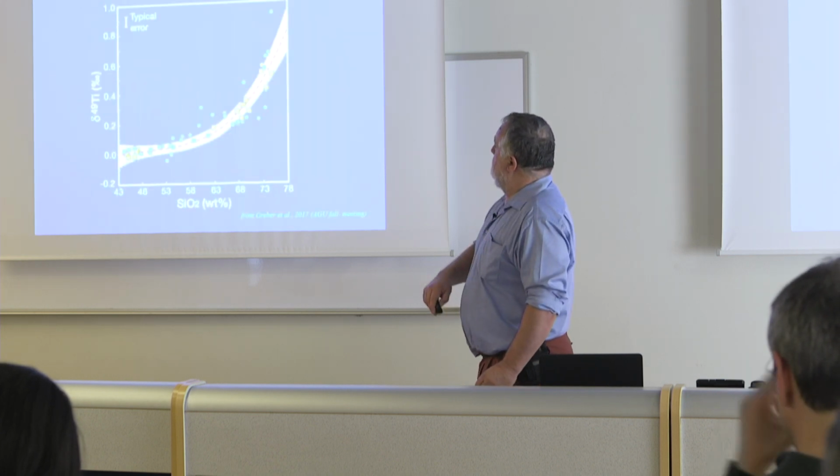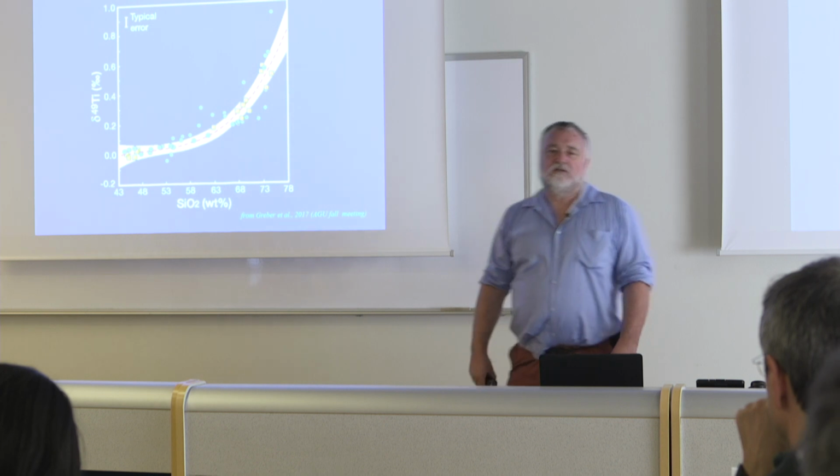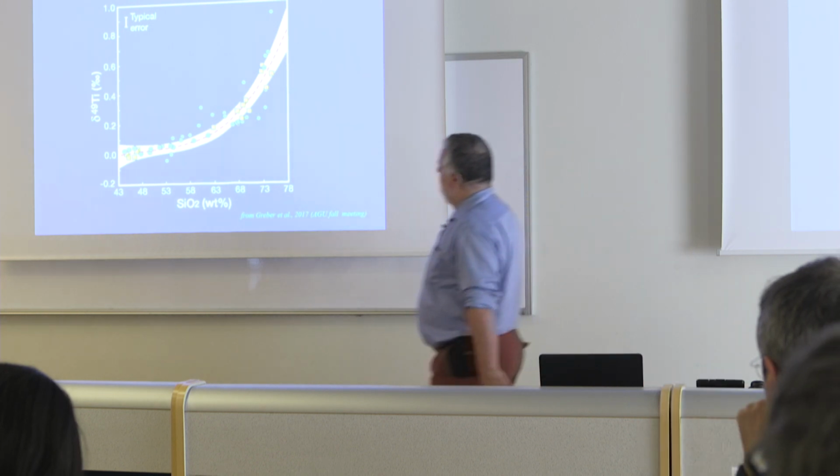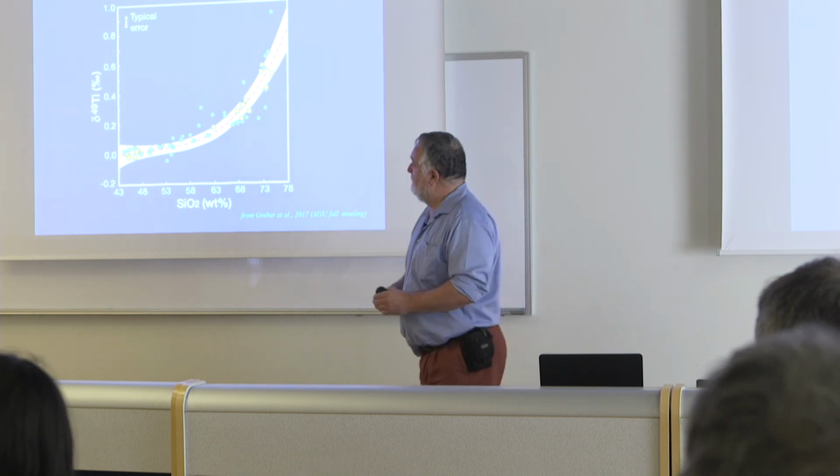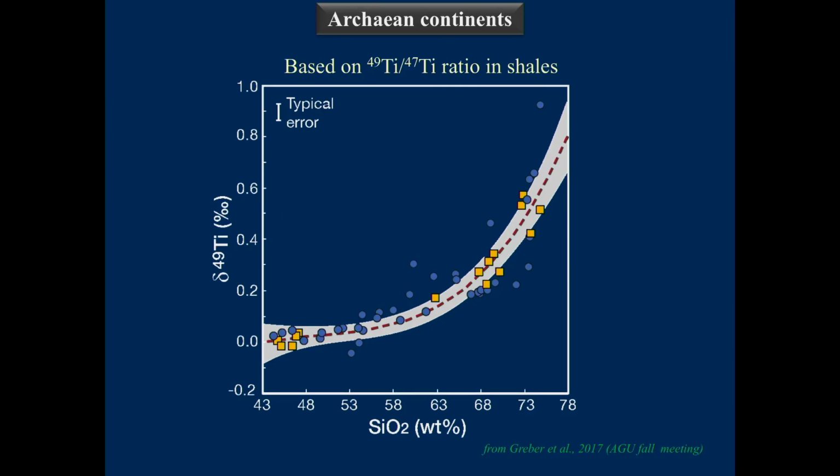Recently, I think that was in August this year, so very recently, a group of researchers worked on the isotopes of titanium in some sediments, in some shales, and these shales are coming from the destruction of the emerged continents. They are coming from destruction of continental crust.